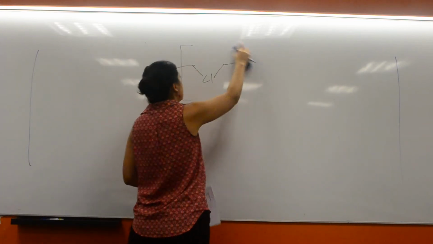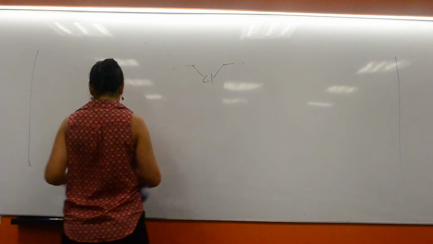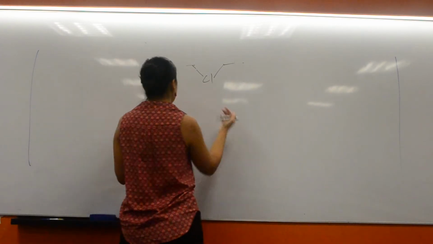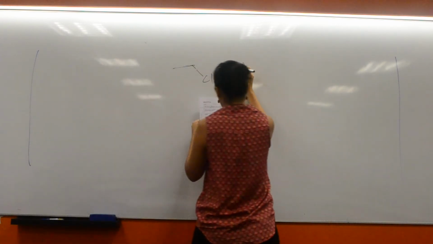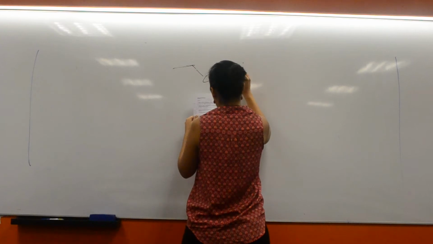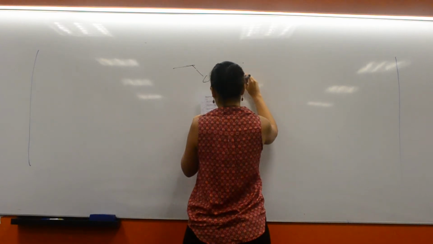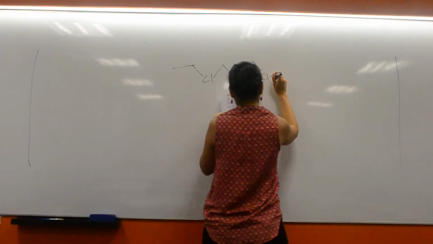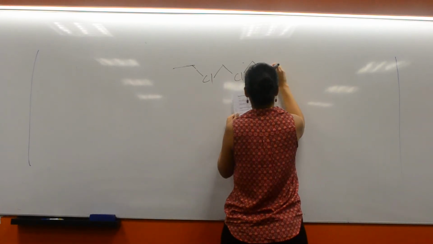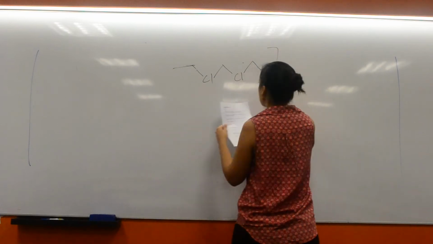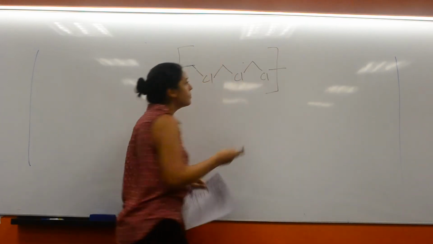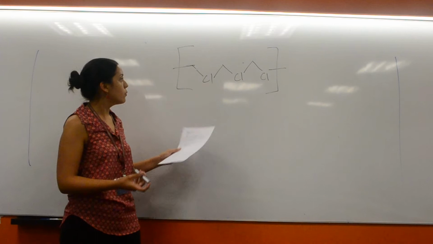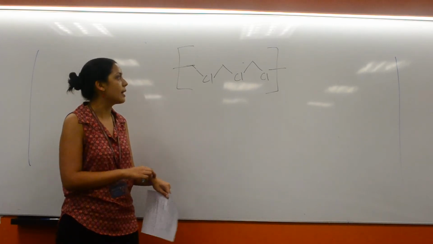So for PVC, a 3 repeating structure would look like, so still keep that there, and then okay, so this is what a 3 repeating structure would look like.